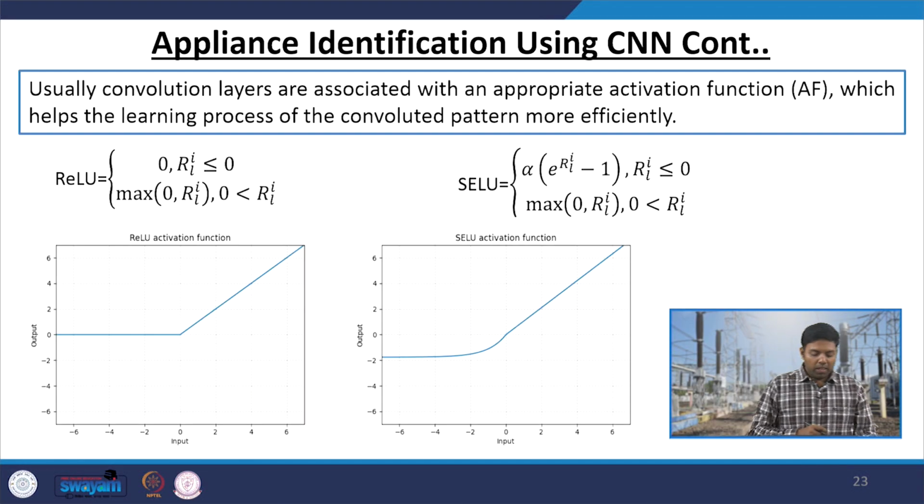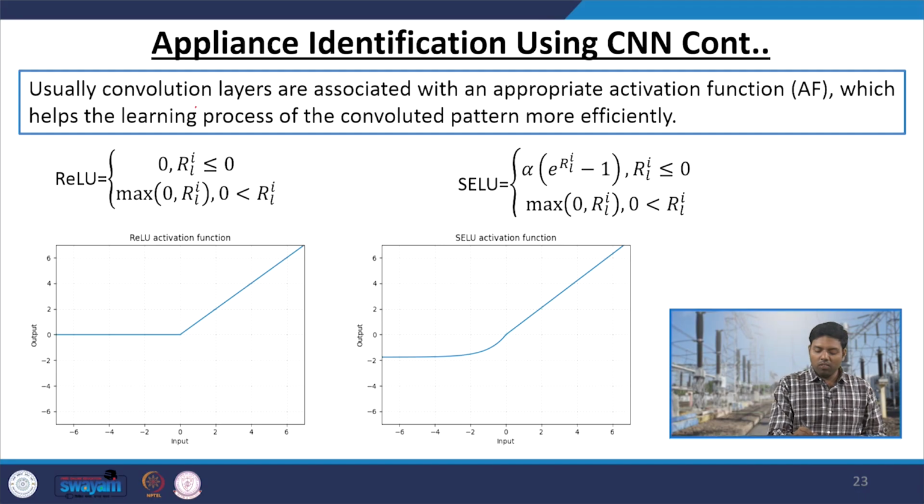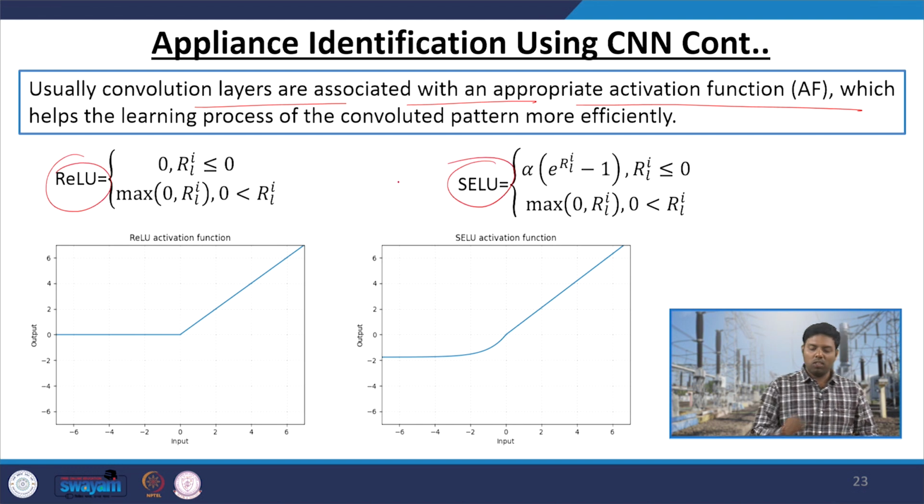Okay. Now, for every convolved output feature, we use an activation function to nullify or omit the redundant data. Usually convolution layers are associated with an appropriate activation function. Generally ReLU or SeLU is used.